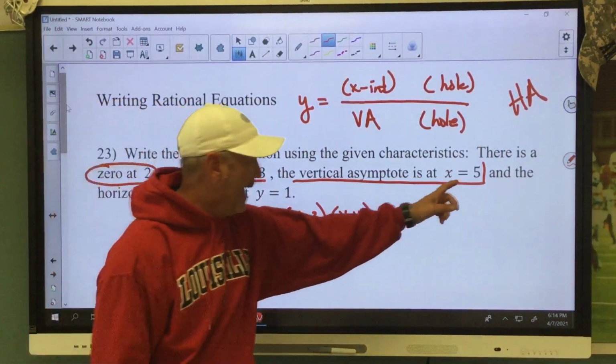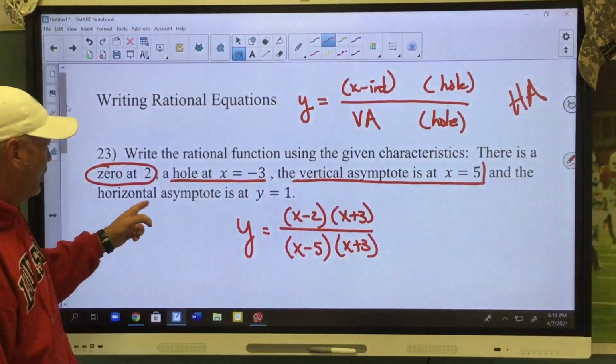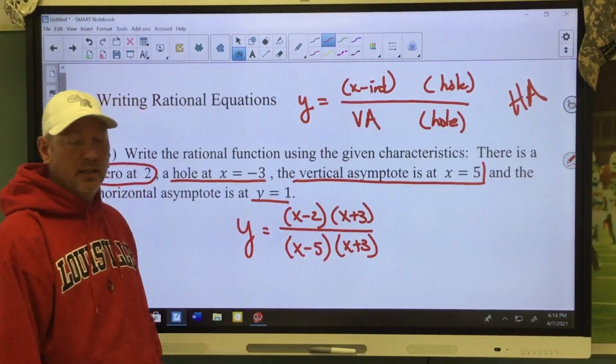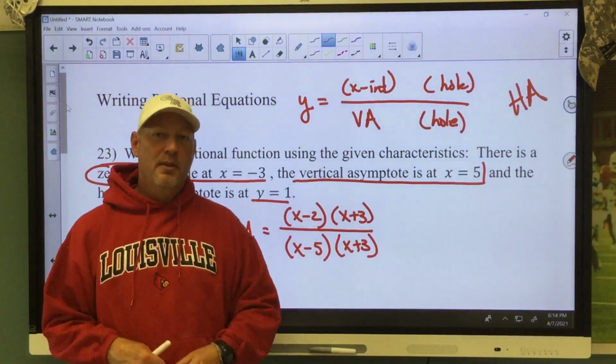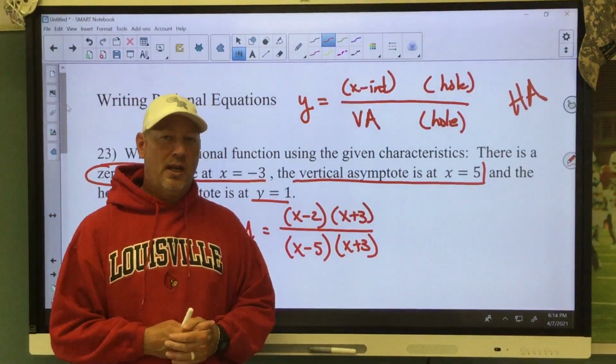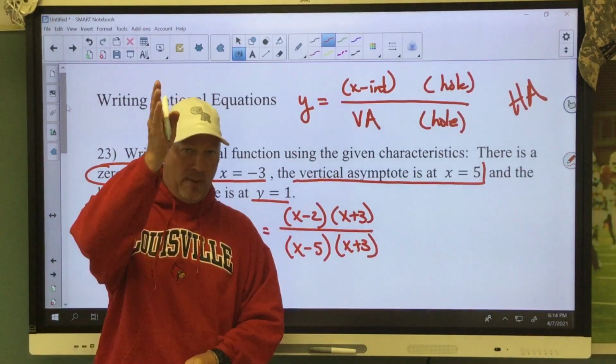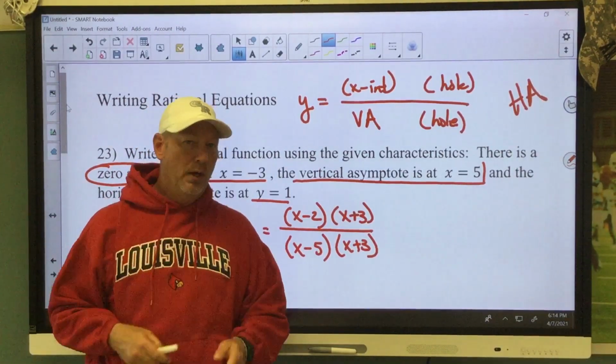And it says the horizontal asymptote is 1. So that means it's not 0. There is a horizontal asymptote, but my horizontal asymptote is 1, which means we probably have 1 divided by 1.